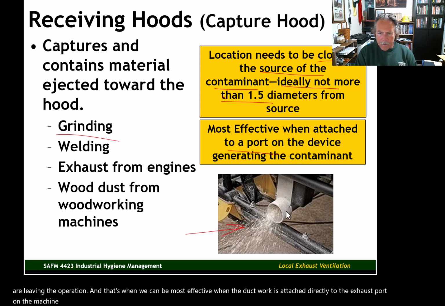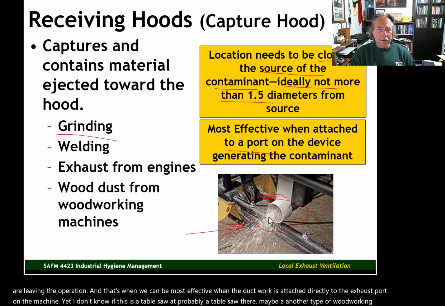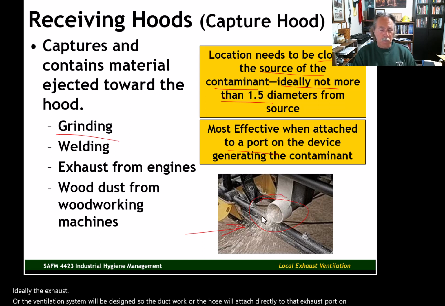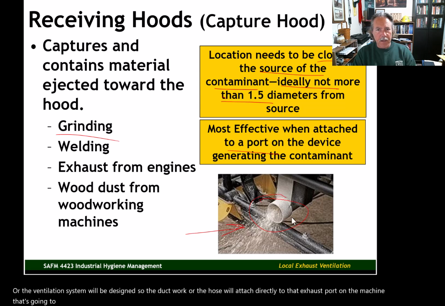I don't know if this is a table saw, probably a table saw there, maybe another type of woodworking machine, but ideally the ventilation system will be designed so the ductwork or the hose will attach directly to that exhaust port on the machine. That's going to be the most effective capture of that contaminant.